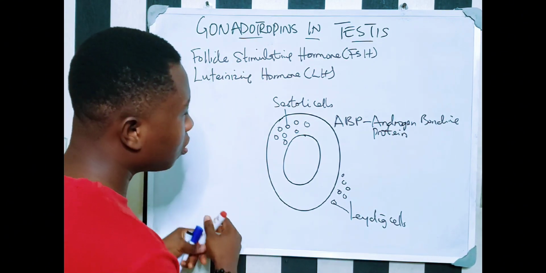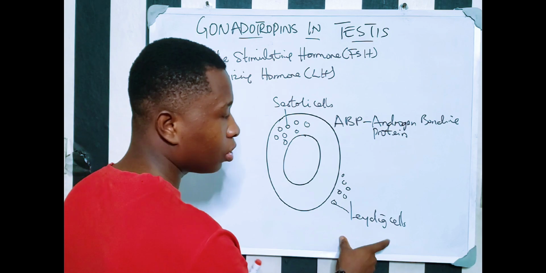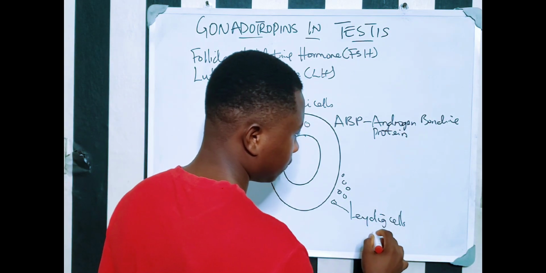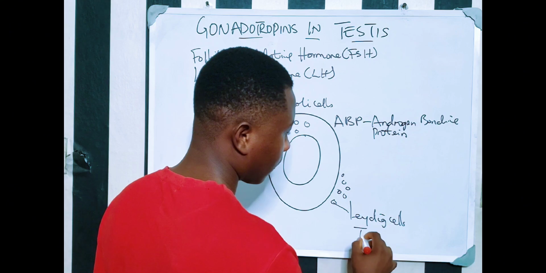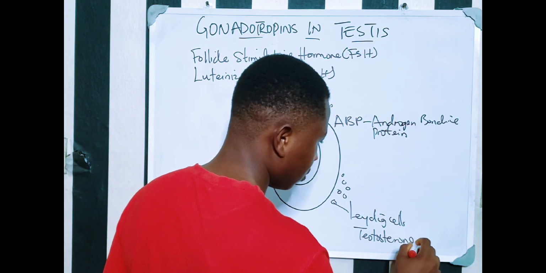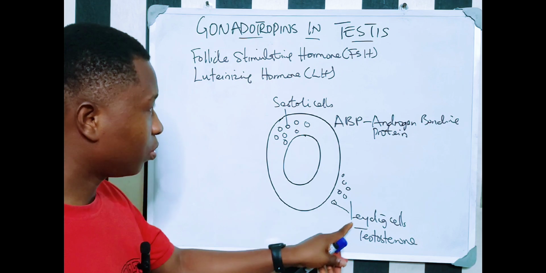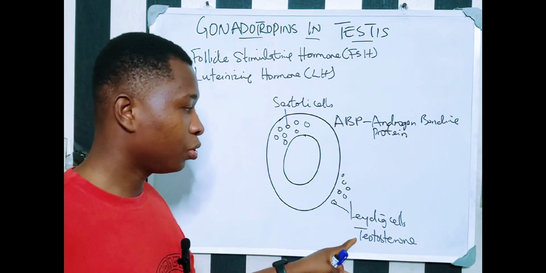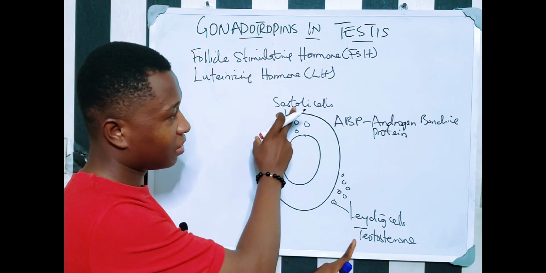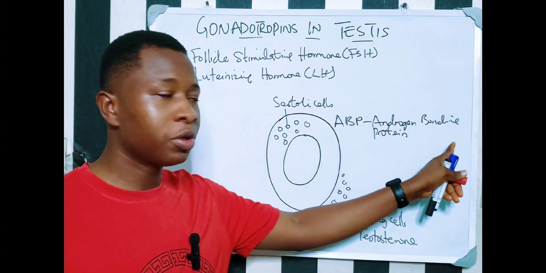Meanwhile, the luteinizing hormone stimulates the Leydig cells to produce testosterone.